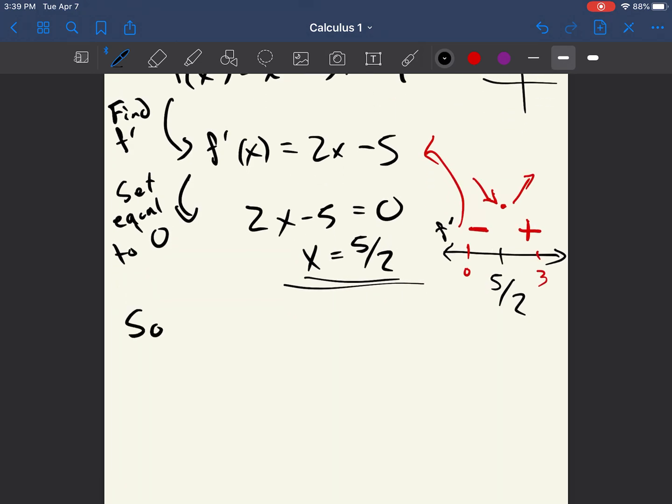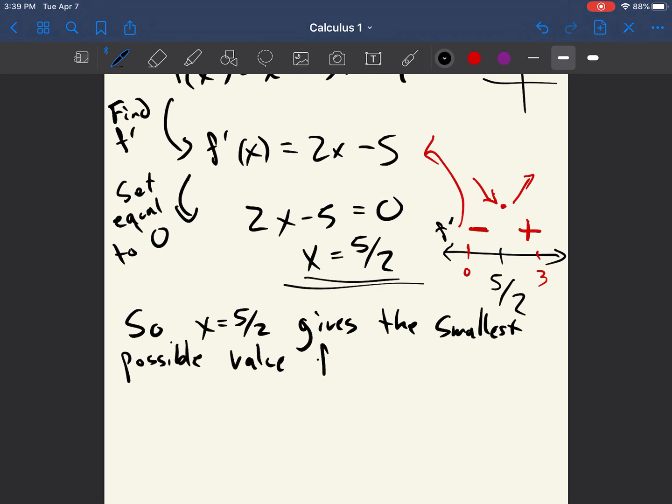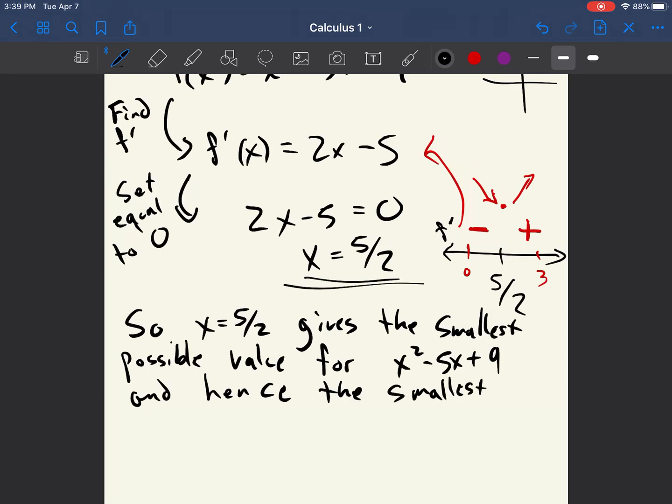So x equals 5 over 2 gives the smallest possible value for the function x squared minus 5x plus 9, and hence the smallest value for d, which was the square root of that number, x squared minus 5x plus 9. So the smallest distance.